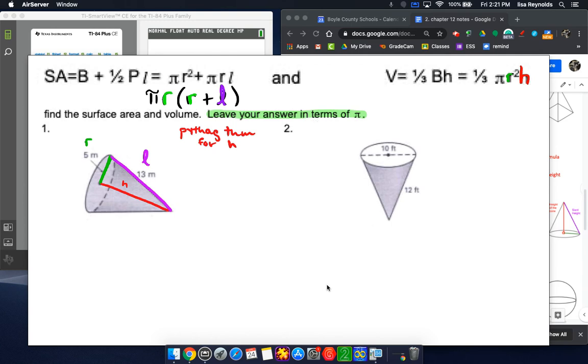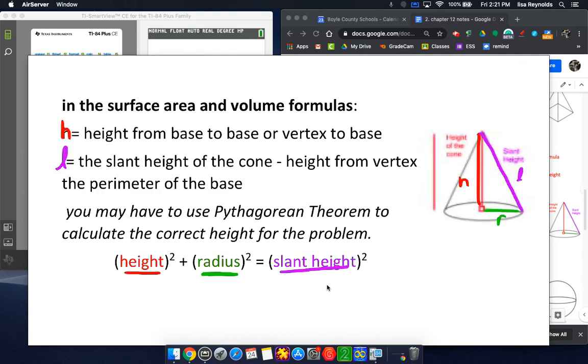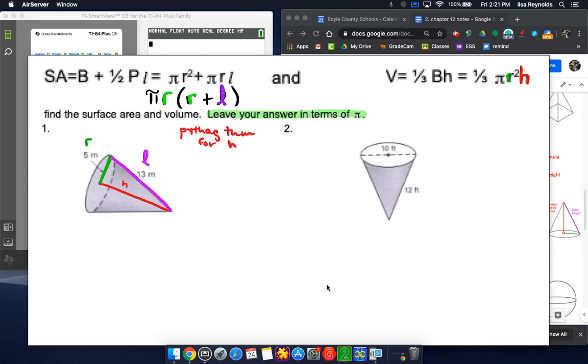So remember that calculation: height squared plus radius squared equals slant height squared. So my unknown height squared plus the radius squared equals the slant height squared. The 5 is the radius and the 13 is the slant height.